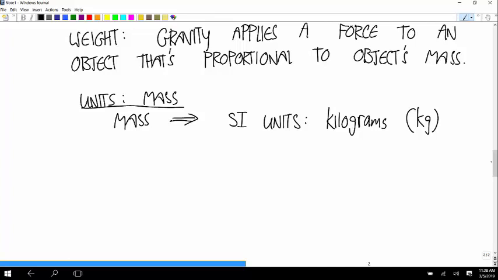So on the surface of the Earth or other places where we know the relationship between weight and mass, we can measure mass with a bathroom scale. But for astronauts, and we talked about this before when we did the problems related to the vomit comet.